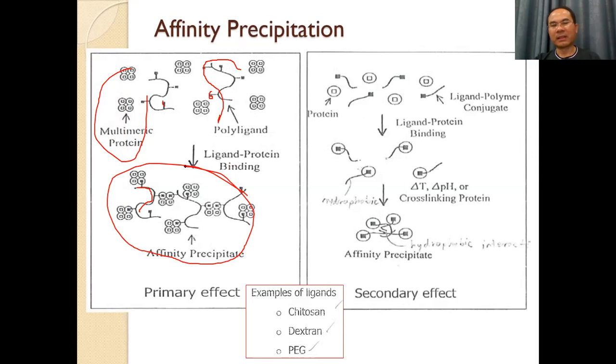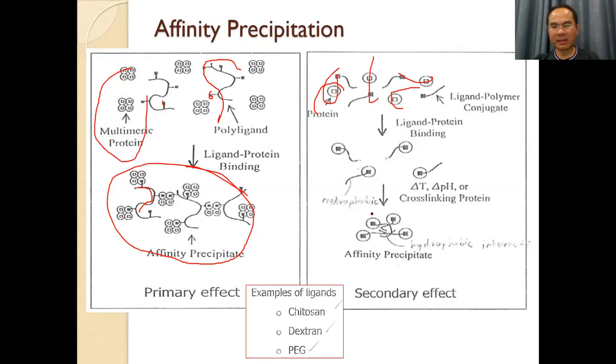Then there is the secondary effect, with the ligand and protein. Please remember that the ligand is the specific surface ion or surface charge that can interact with a specific protein. We interact like this, with ligand-protein binding, and finally we mix them together, which is affinity precipitation.